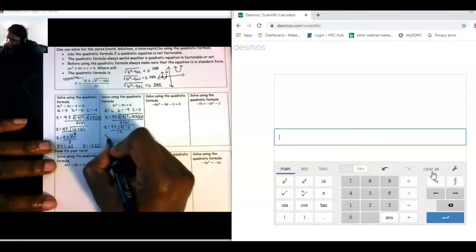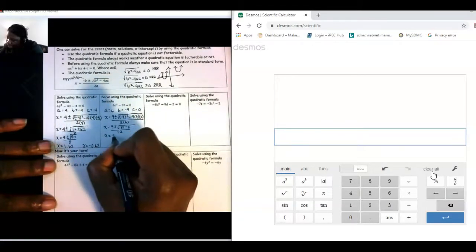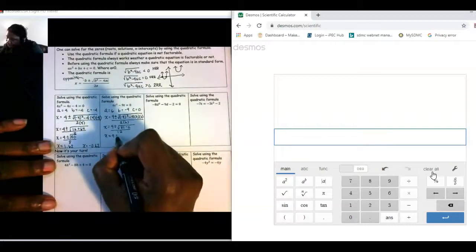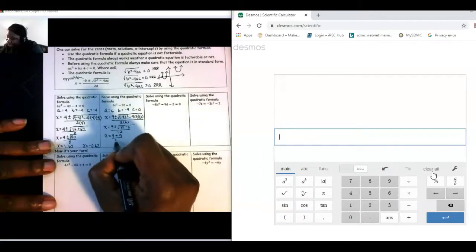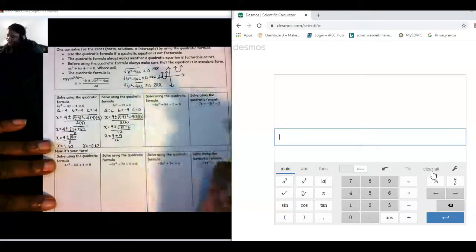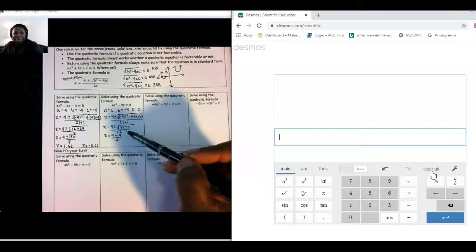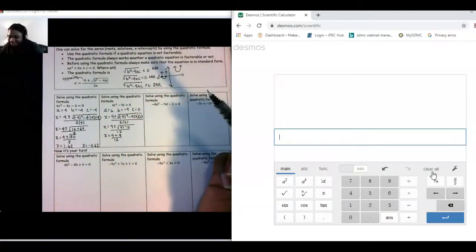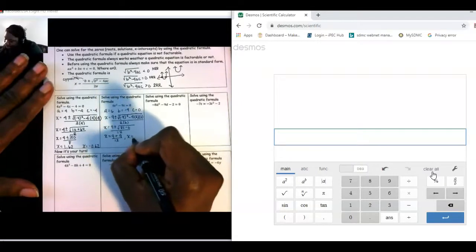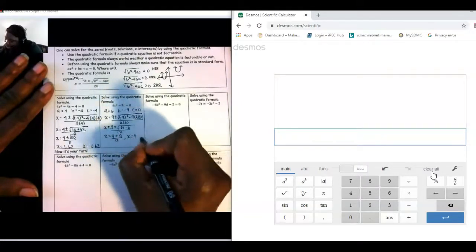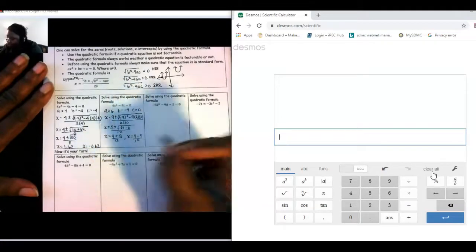Well, then we have x is equal to 9 plus 9 divided by 12. Now what I did was I went ahead and took the square root of 81 because I already know what that is. It's 9. Our second 0 is going to be x equals this 9 minus 9 over 12.